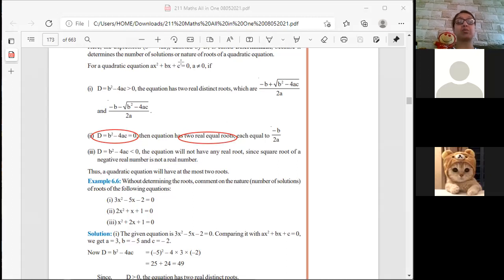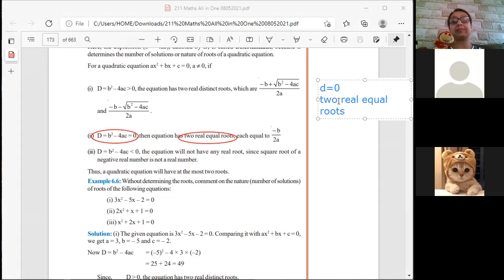Real and equal roots. This I want you to write down. If D is equal to 0, then we are going to have real roots and equal roots. When I say roots, it means the solution.